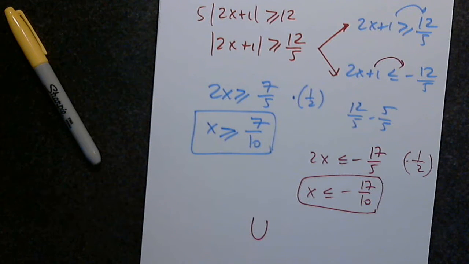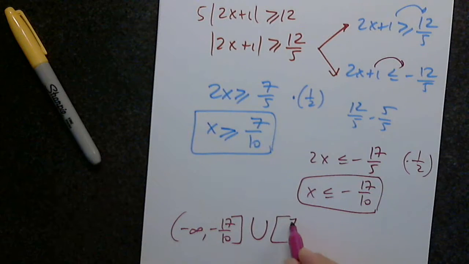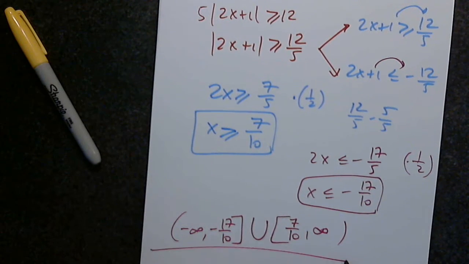Parentheses, negative infinity, comma, negative 17/10, bracket, big U for union, bracket 7/10, comma, and positive infinity. Excellent. Good job. Very good job.